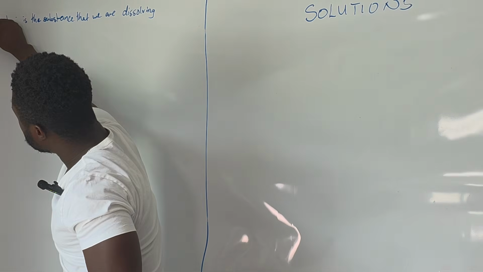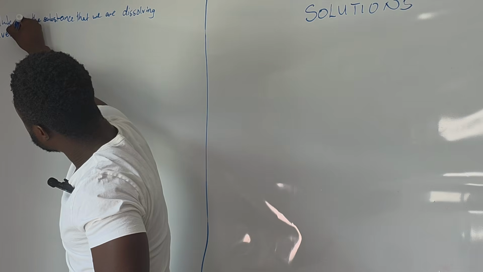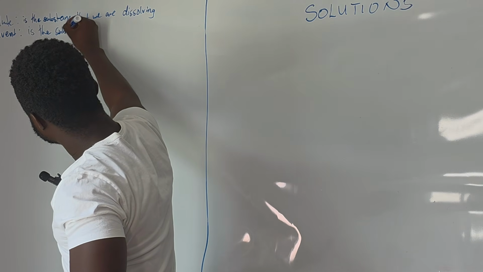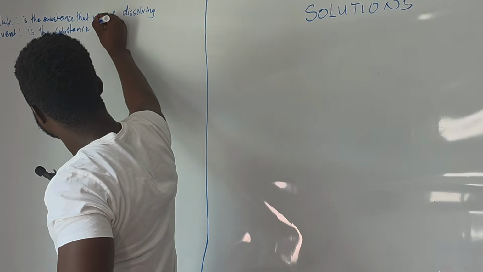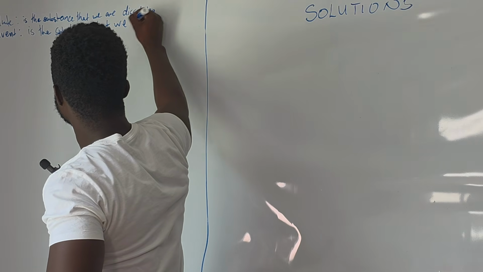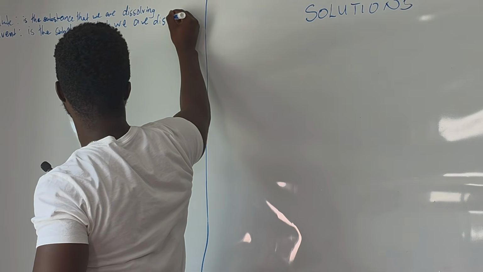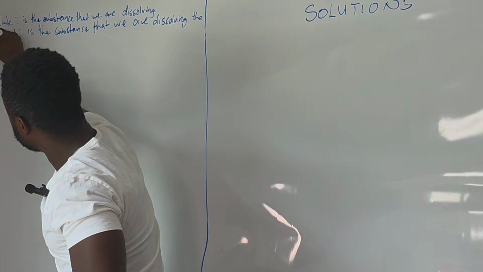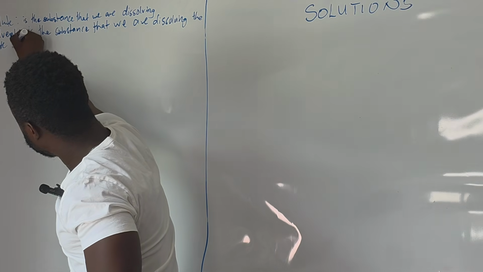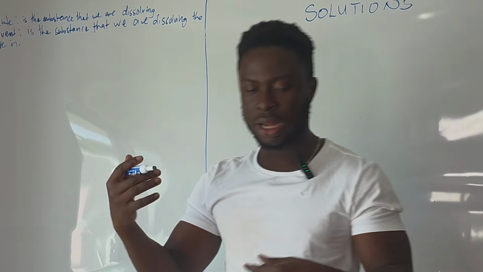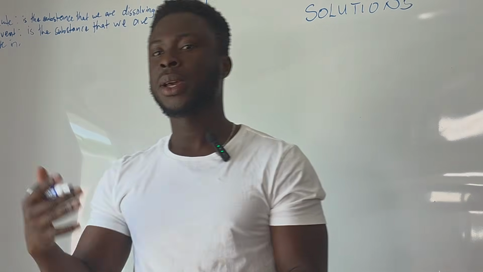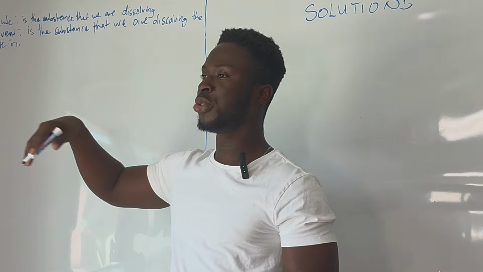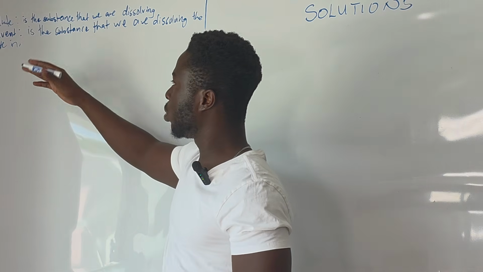And the solvent, on the other hand, is the substance that we are dissolving the solute in, and it is usually in much greater quantity than the solute itself. So that is the difference between a solute and a solvent.